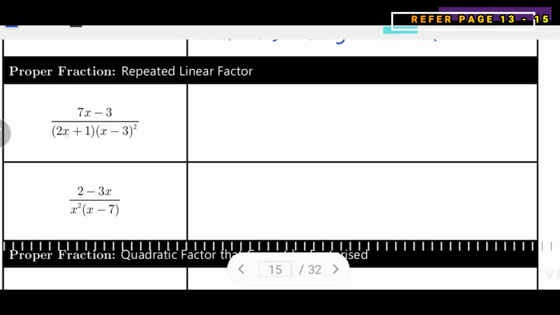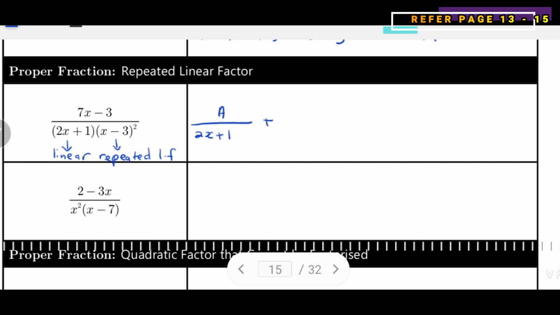If we look at the first example for repeated linear factors, in the numerator, we have 2x plus 1. So 2x plus 1 is linear. But x minus 3 squared is a repeated linear factor. Okay, so for a linear factor, if we express the fraction into general partial fractions, we're going to have a constant over the linear factor.